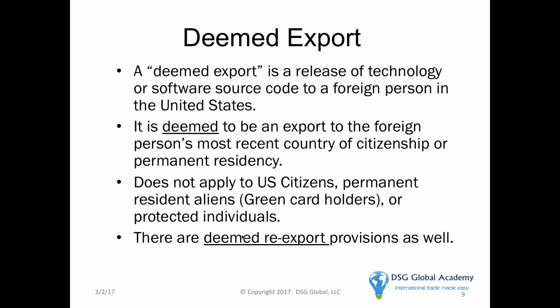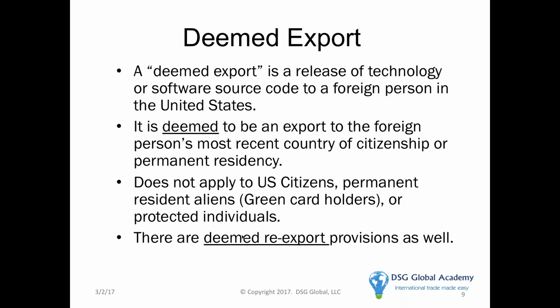So if you make the same technology available to those countries' citizens in the United States, then that's a deemed export, and you need a deemed export license from the government, which is granted in over 95% of the cases. It usually covers foreign nationals who are brilliant scientists and engineers who came to the US for grad school, and they're working on a very sensitive project.